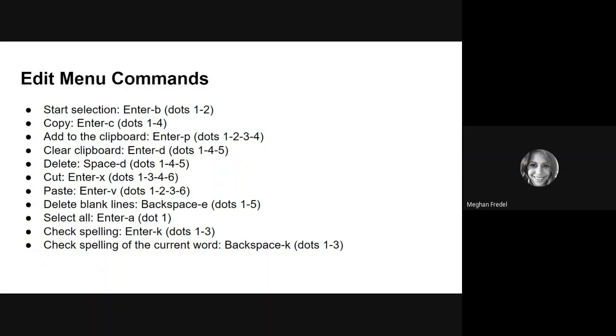So you can start your selection, you can copy, you can paste, you can cut, you can delete, you can do a spell check, you can select all. If you're familiar with word processing on a computer, you have heard these terms before. And so it's really cool because you can transfer those skills to using them on the Polaris, which I think is super cool.